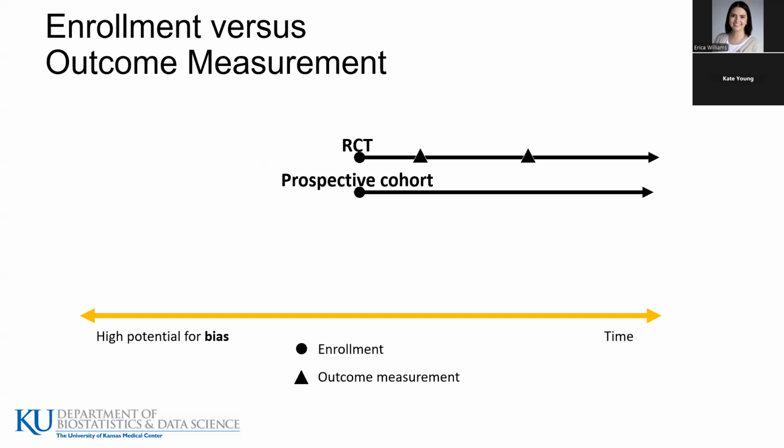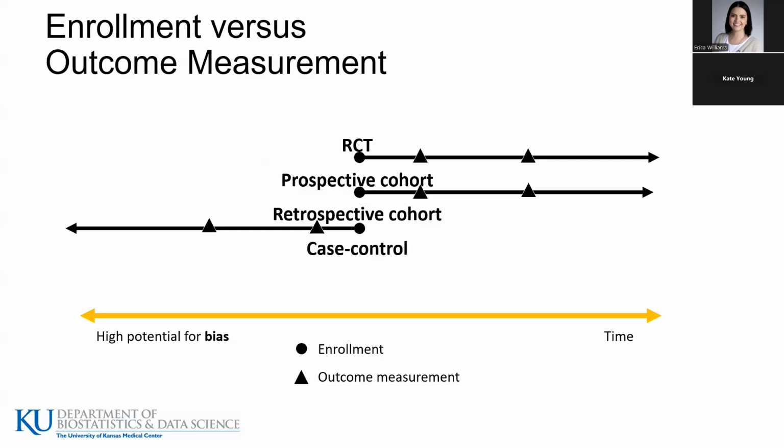In a prospective cohort study, we would do the same thing. We would enroll patients and then collect their outcome measurements. In a retrospective cohort study, we would enroll patients and then we would look backwards in time at outcomes that had occurred in the past. So we would rely on either the patient recall or any historical records that have been taken.